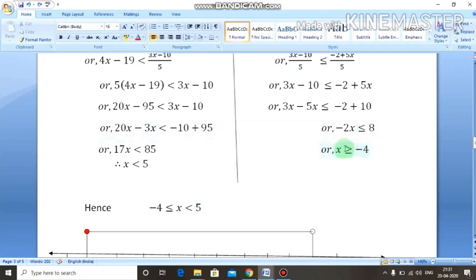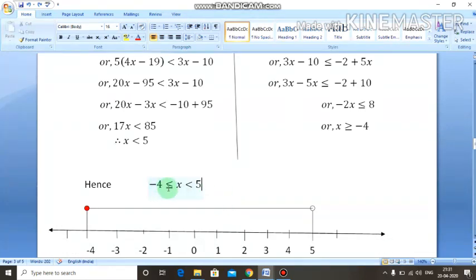See, this gap is along x, and here also you see this part, this gap of less than is along x, so it does not matter. So this is the combined solution. We have to plot this solution on the real line.